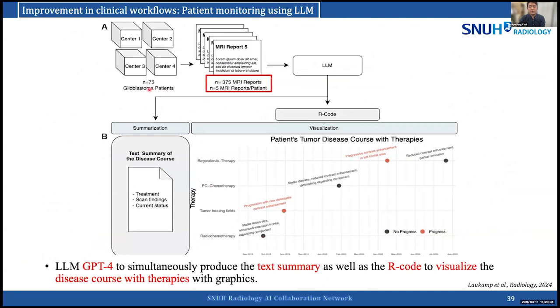The 5 consecutive radiology reports were provided to GPT-4 for 75 glioblastoma patients, and they used GPT-4 to simultaneously produce a text summary as well as the R code to visualize the disease course with therapies with graphics.